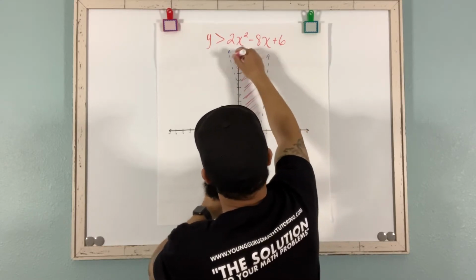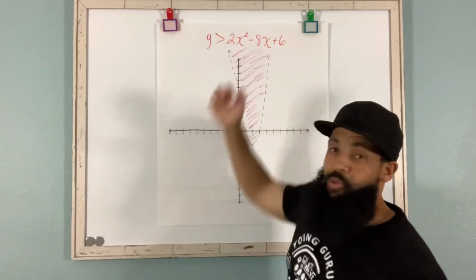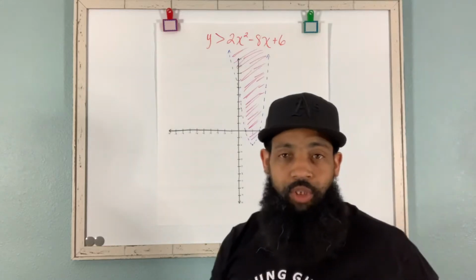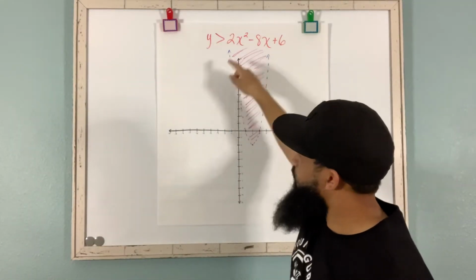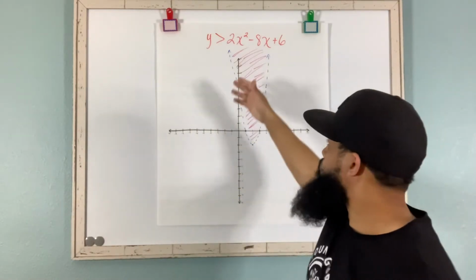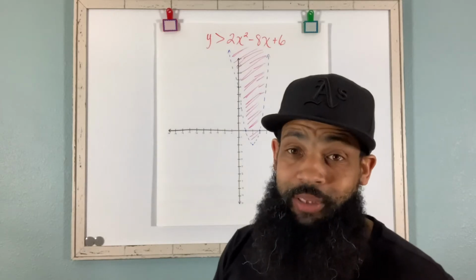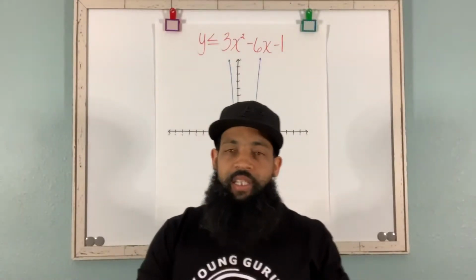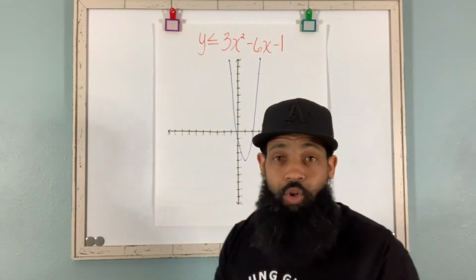That means anywhere inside this area above it and continuing infinitely is part of your solution set. Notice the broken parabola means no points on that parabola are part of the solution.